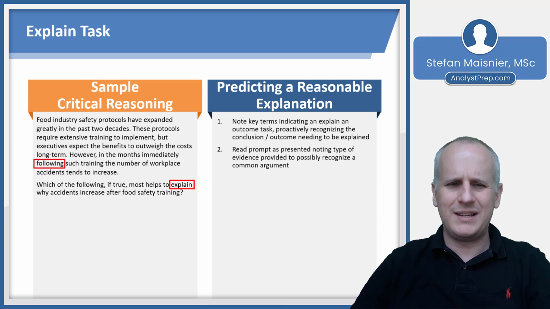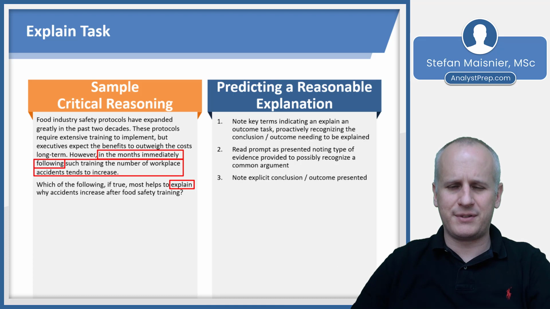And so we see the immediately following, which may indicate a causality relationship, may indicate some sort of plan, and we've got our explicit conclusion outcome directly around that. In the months immediately following this food industry safety training, the number of workplace accidents actually tends to increase.